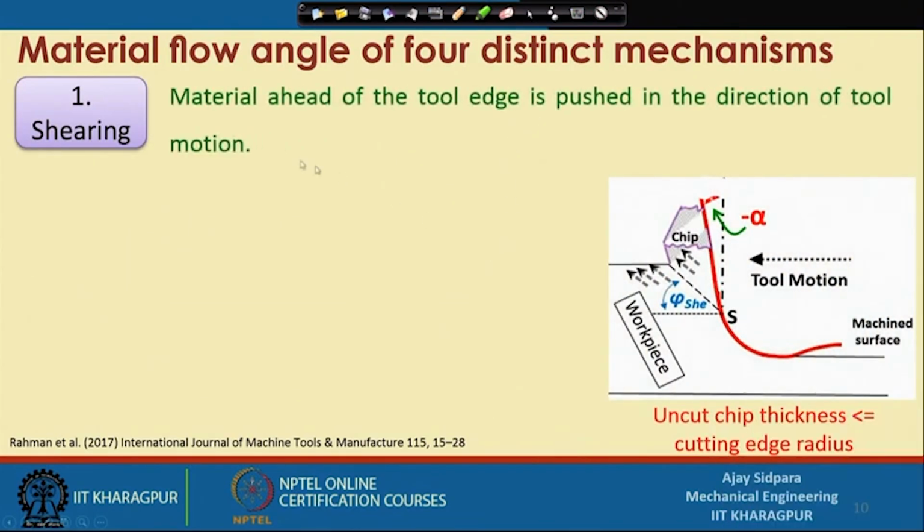Now in this case, whatever material is ahead of the tool is pushed in the direction of the motion, right? So material is coming in this direction, and your tool is moving in this direction. So this is the tool edge that we have seen in the last slide also. It is pushed against, in the direction of the tool motion.